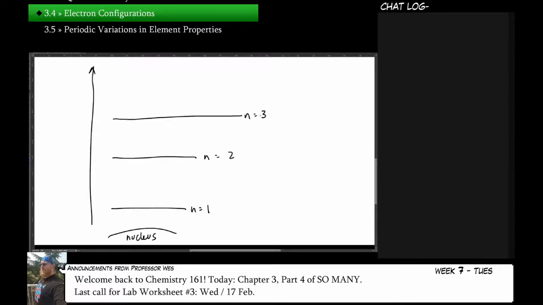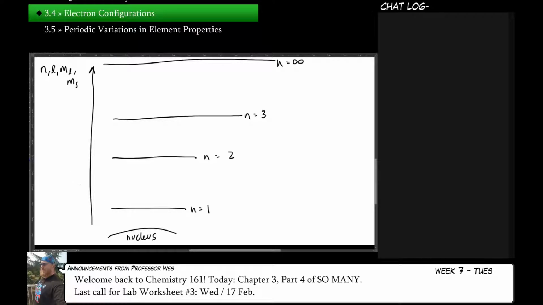All right, so we talked about 4 quantum numbers yesterday: n, l, m sub l, and m sub s. I'll put n equals infinity up at the top here, just to have that handy. What we're going to do is make an electron energy diagram.